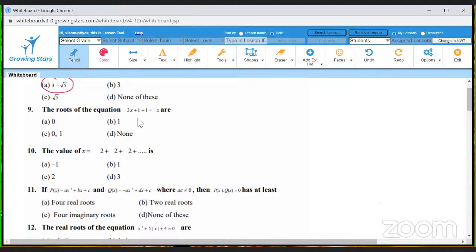Next is the roots of this equation. Actually, the equation is not in the proper form. There is a printing error.